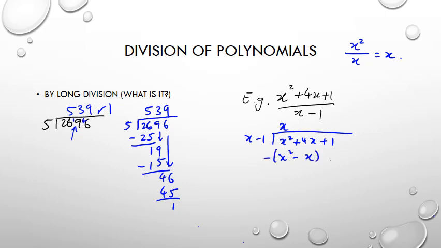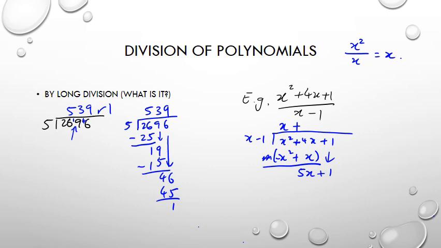Be careful though, because we're subtracting the whole line, so make sure you put it in brackets. Then you have plus 4 minus negative x gives you plus x. And if you're confused, I might suggest you just write it straight in, like that. And then 4x plus x gives you 5x. And drag the next one down and do the same thing.